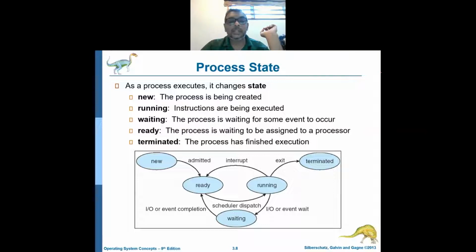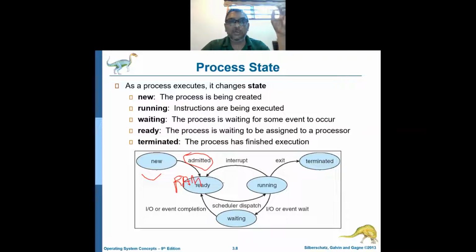The new state, the first state, is inside your hard disk. Once you double click on it, the program is admitted and put into the ready state. The ready state is inside your RAM.